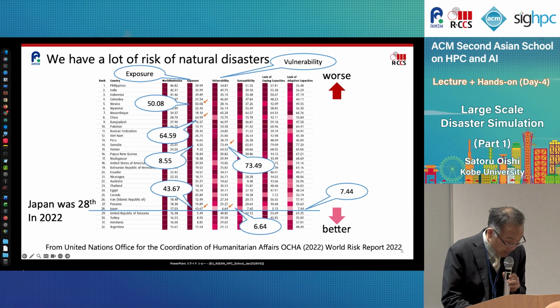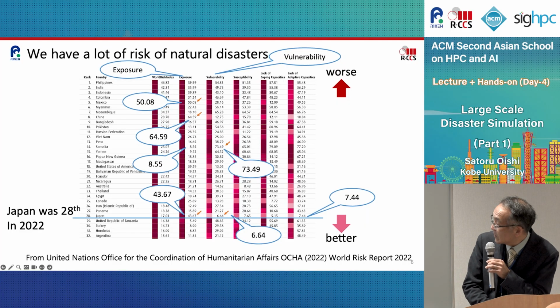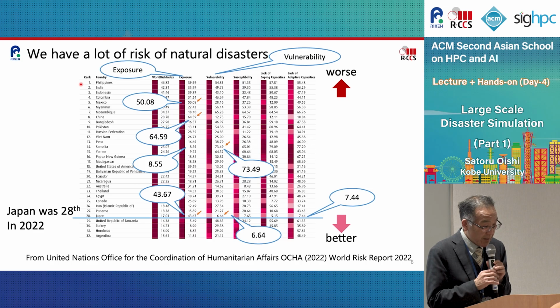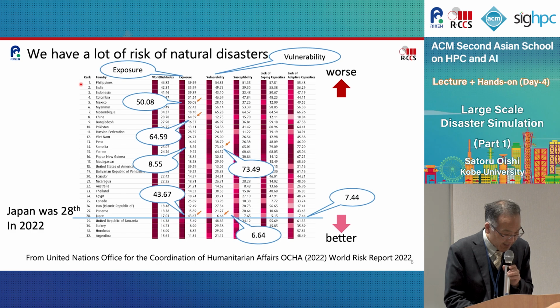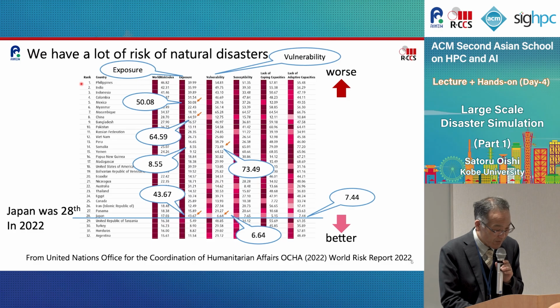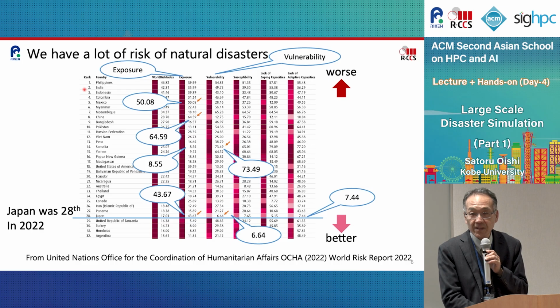I cannot see where the point are. Okay. The first one, the first means the worst. I'm sorry to say, the first one is Philippines. If you come from Philippines, please raise your hand. The second one is India. If you come from India, please.